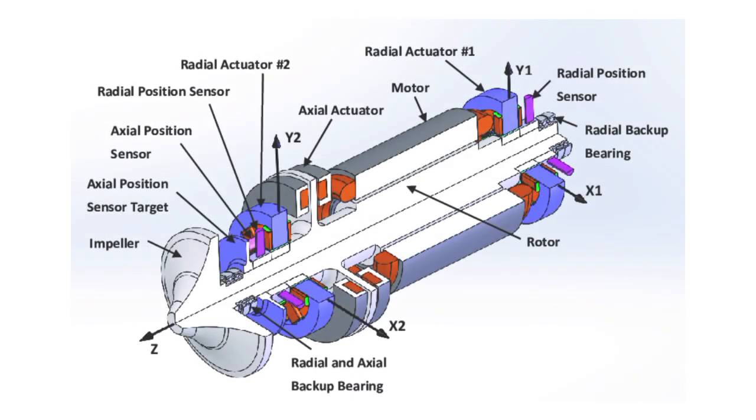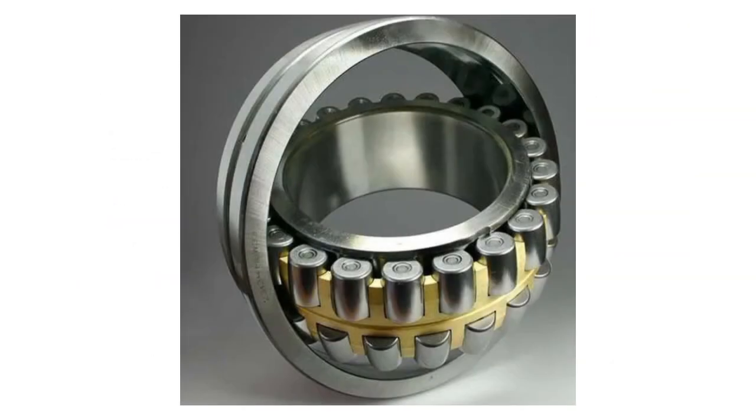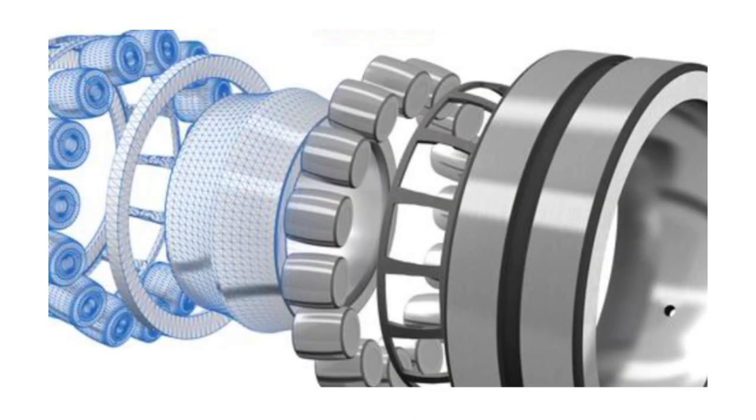Parts like bearings reduce the friction and wear and tear between the rotating parts and allow for smooth movement, and shafts support the rotating parts and transmit the rotational motion. Gears transmit the power and adjust the speed and torque.